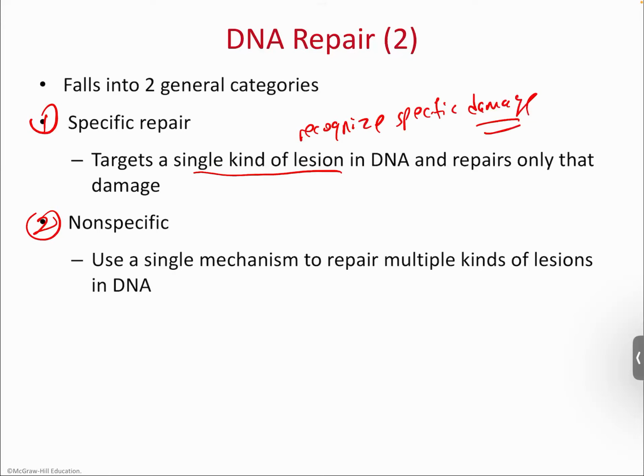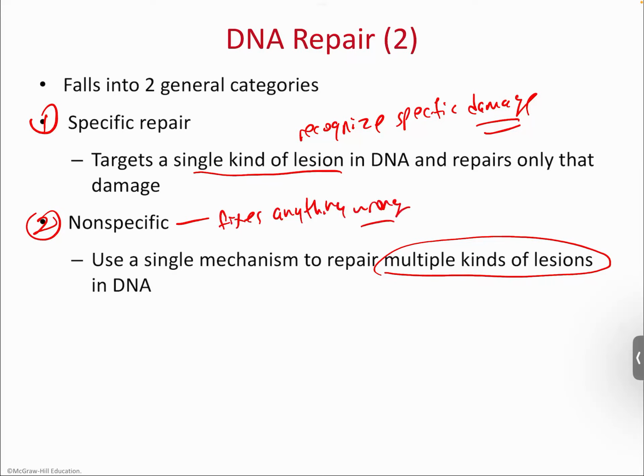And then in non-specific, you just look for multiple kinds of lesions, not necessarily specific, just wrong. Doesn't have to be a specific thing that's wrong. And you have both of them at play.